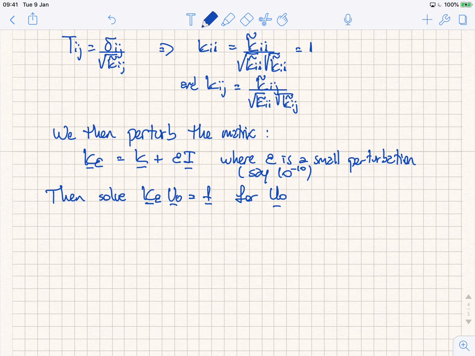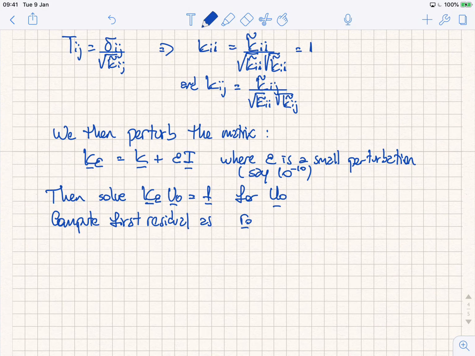So if we obtain this value of u naught, how can we obtain the residual? What would be the residual? Who has a guess? Let's call that R naught, my first residual. Now, if I look at the residual, then I need to look at the original system.